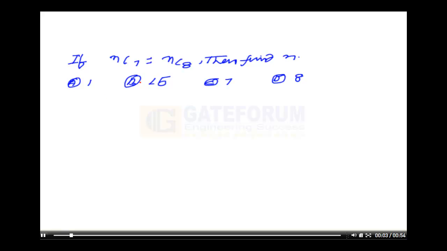So see the question. nC7 is equivalent to nC8. We know that nCr equivalent to nC(n minus r).